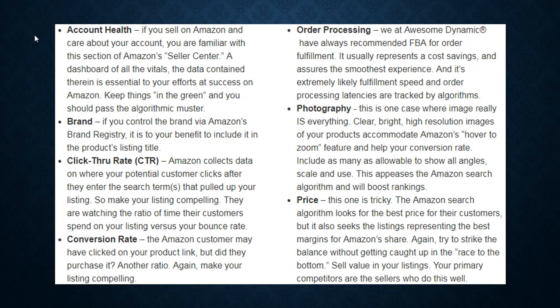The other things we can somewhat, I don't want to say influence, but we have some kind of say or control over what we do. Now, account health. This again, if you're selling through FBA, you know that delivery time is very important. Feedback that you receive from your customers, if there have been any complaints, any returns, all that kind of stuff.